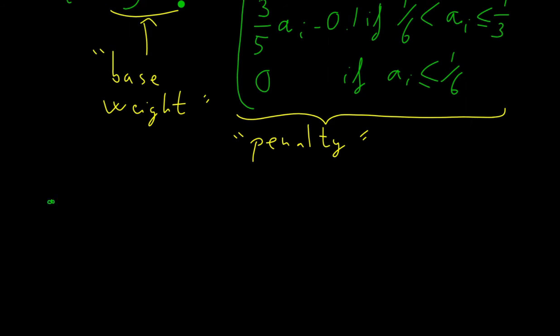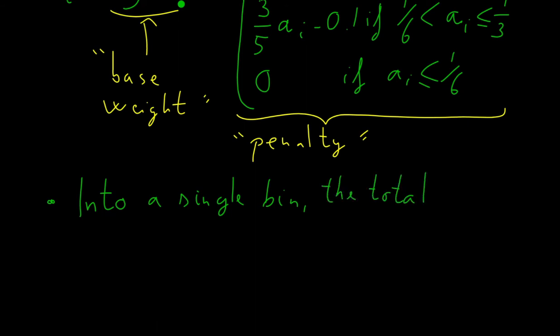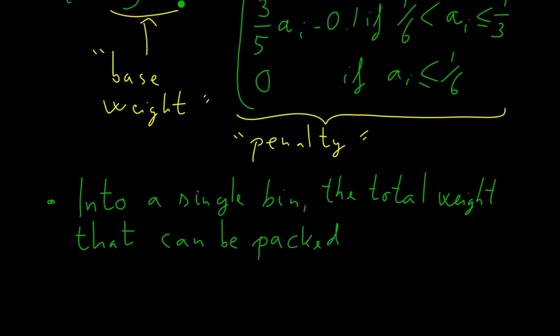So we can show that into a single bin the total weight that can be packed is at most 1.7.